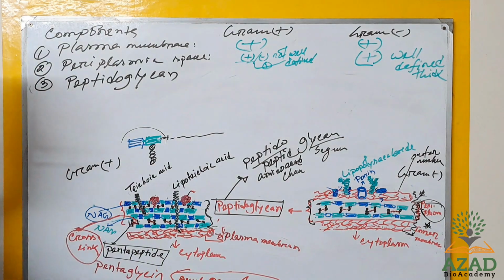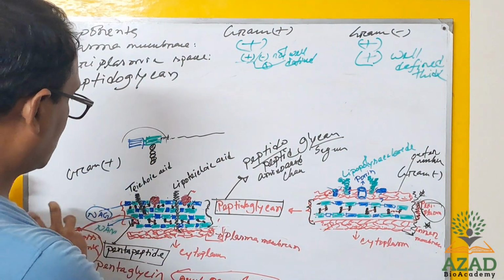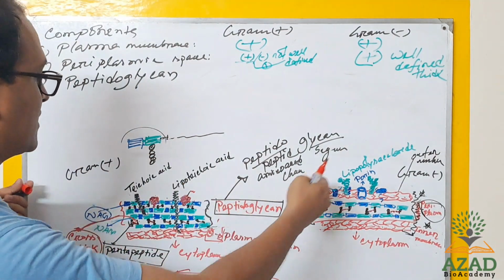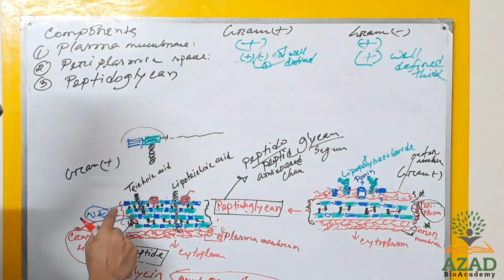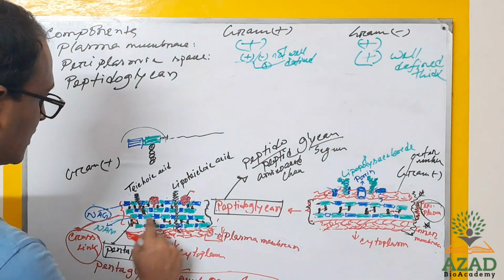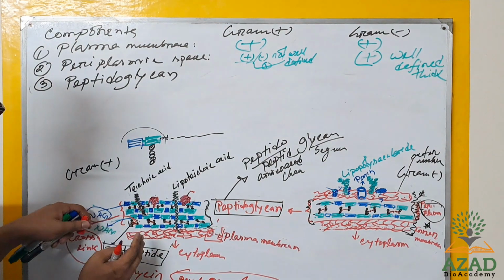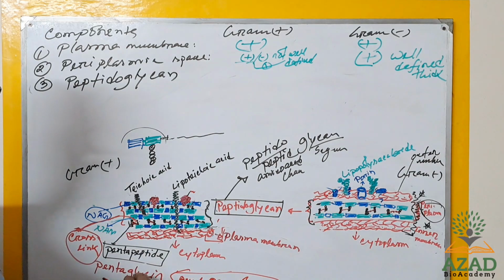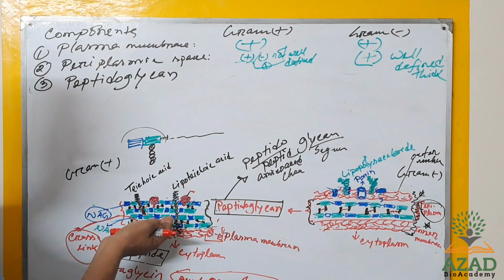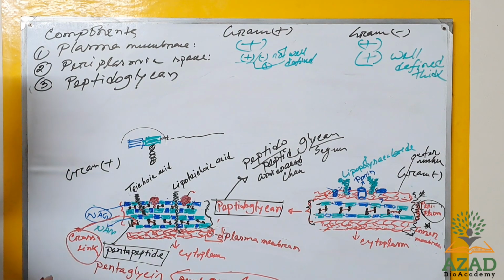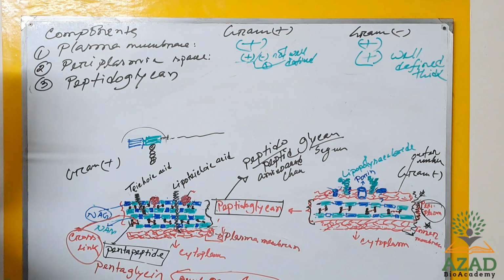Okay, this is the cross-linking. Now come to the point, because my focus is not to explain the peptidoglycan again. The main focus is the difference. So the sugar chain, another sugar chain, and another are attached with the pentapeptide cross-linking, and the peptidoglycan is in multiple layers here.